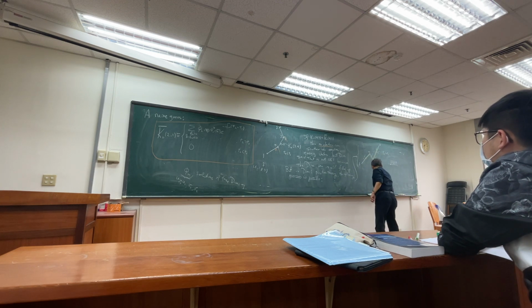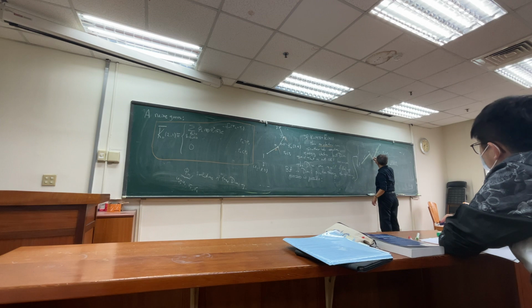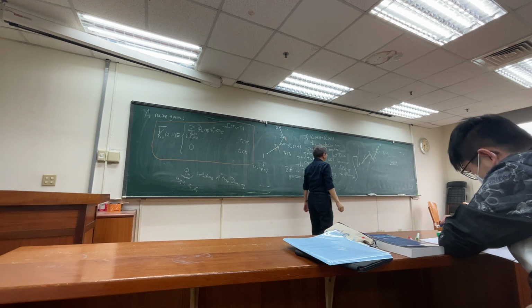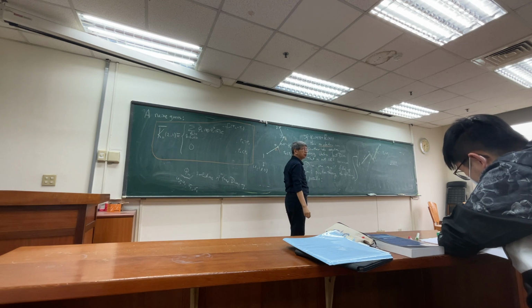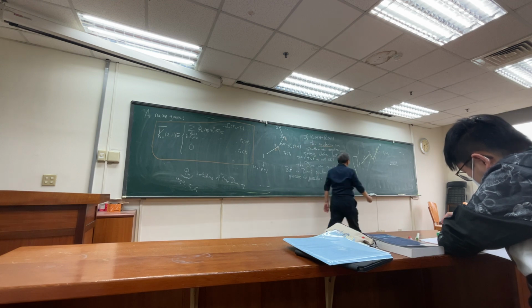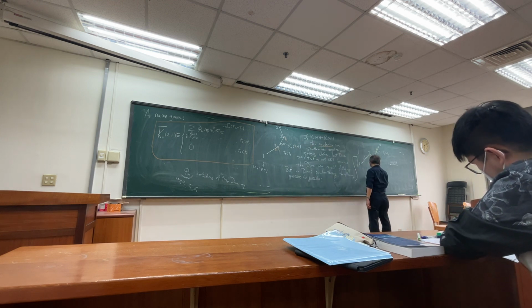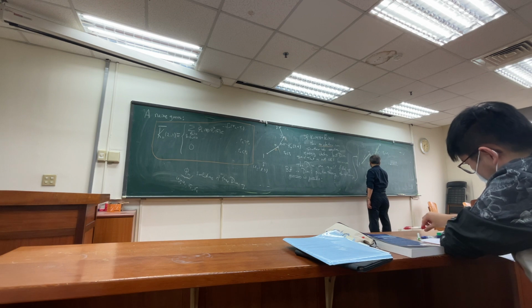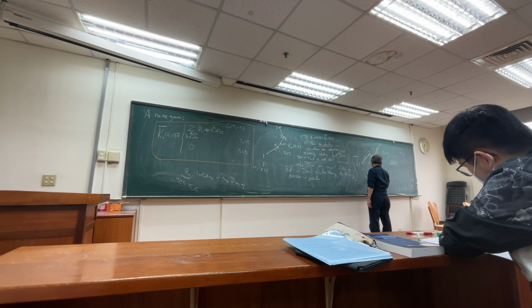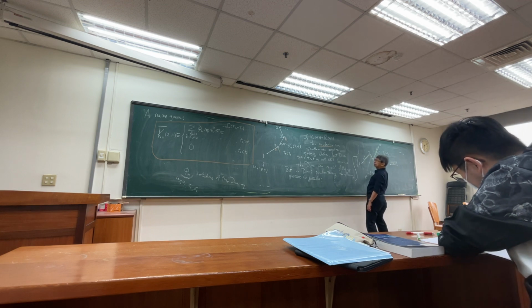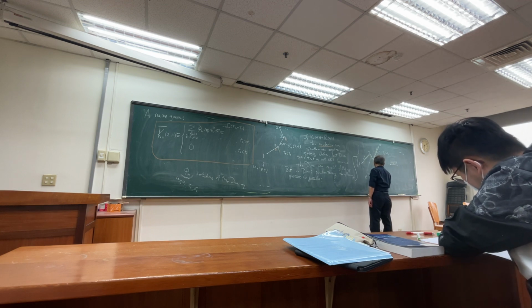And remember that here we'll be talking about a negative energy state reinterpreted as a positive-energy positron. So here, the phase factor will be exponential minus i E (T4 minus T3).